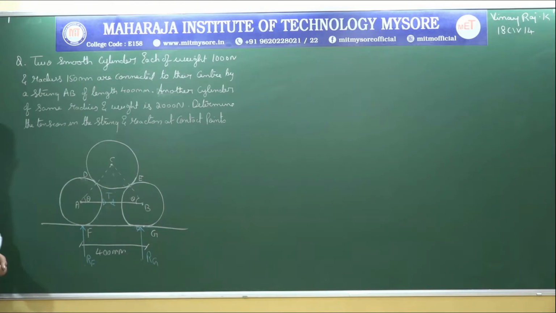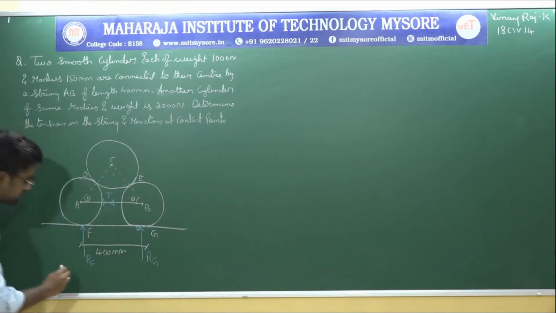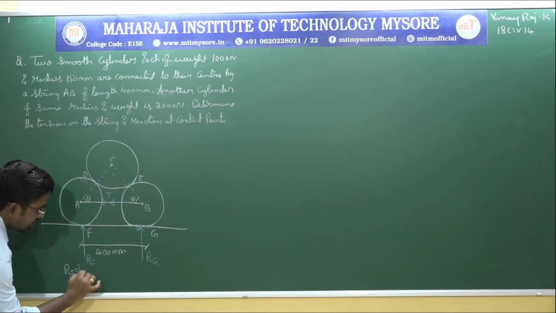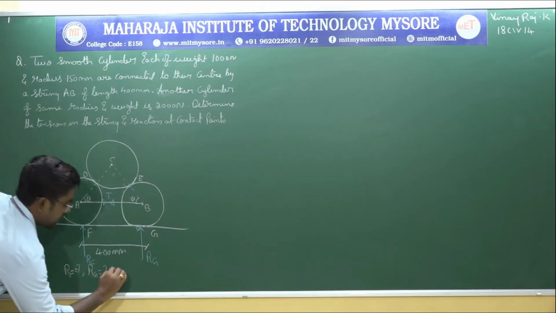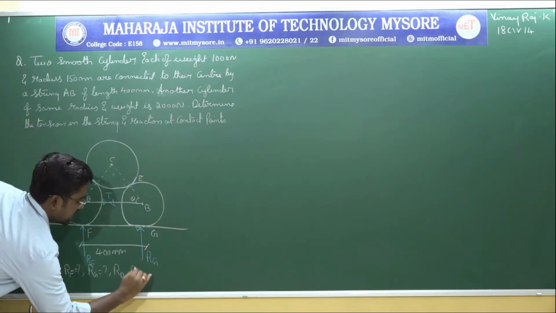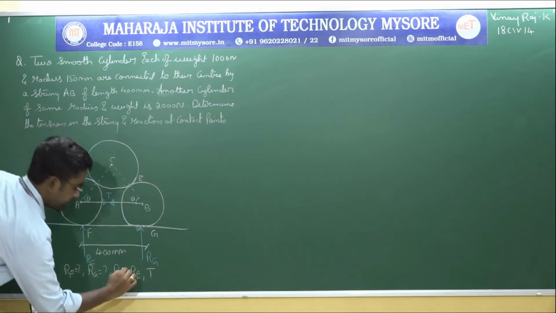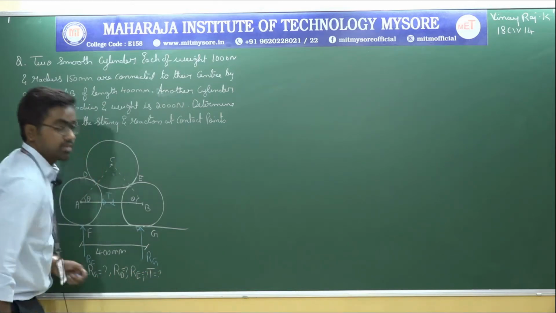So in this particular problem I need to calculate the unknowns. Let me list that. So RF, then RG, then RD, then RE, then the tension in the string, that is T. So I need to calculate totally 5 unknowns.